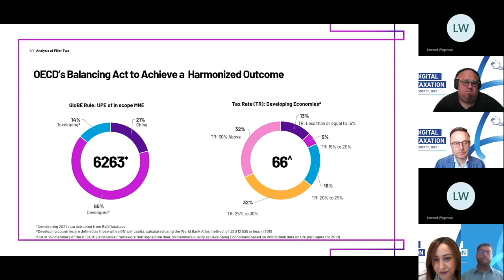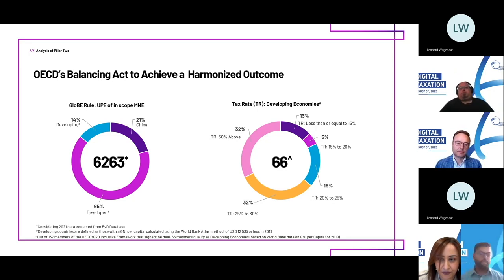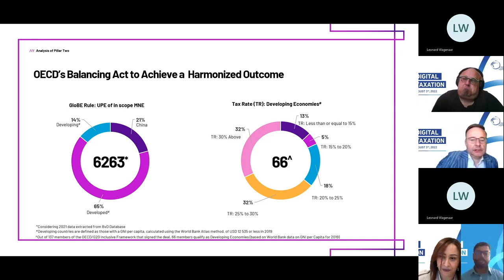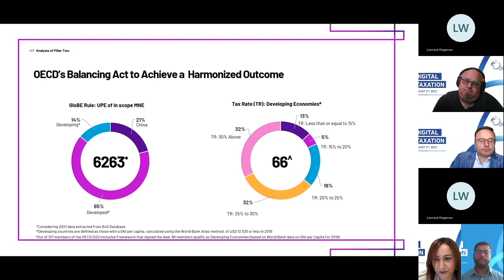So when you look at how the developed and developing economies are structured, most of the developing economies are subsidiary jurisdictions, which import the technology and pay out royalty. They get the loan finance from the group company and pay out interest. So with the subject to tax rule, developing economies can impose a minimum tax rate of 9% on these payments made to the related entity. So this is something of value for developing economies.